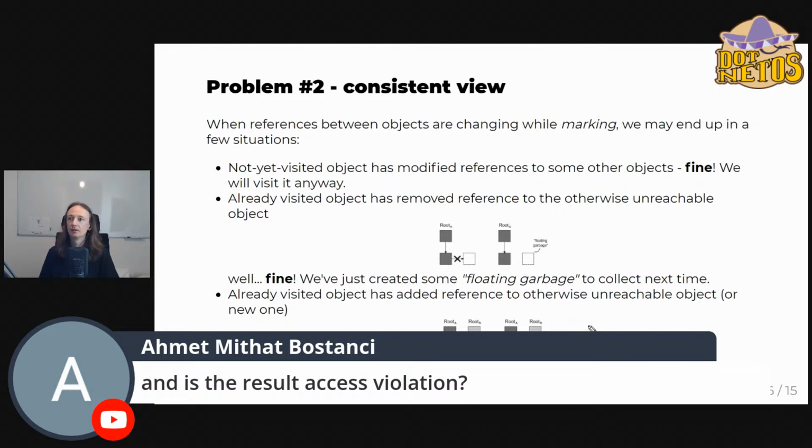So just as a kind of spoiler of what is happening when the GC is doing its job, imagine that this is an object C and this is an object A, B and D. So they are in the memory. This object should be live because it is reachable. This is reachable.